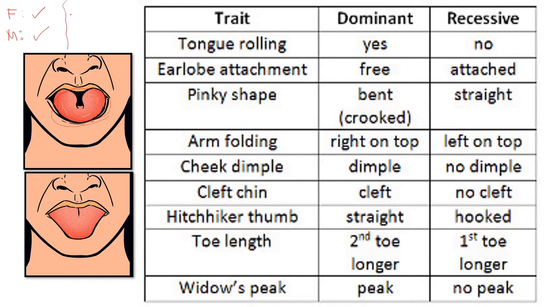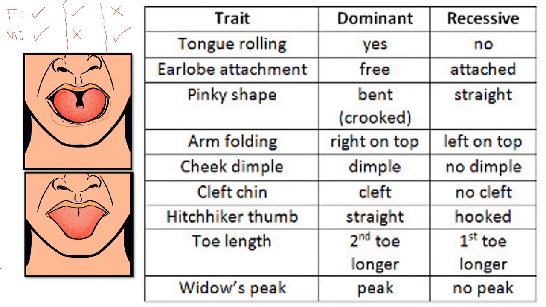Or it can be that you get the trait from your father that can roll his tongue, however the mother shared a trait that she cannot roll her tongue. Still, your father has this dominant trait, so there's a chance that you can also roll your tongue. Or it can be that you get a trait from your father that cannot roll his tongue, but you get the characteristic from your mother that she can roll her tongue. So there's also a chance that you can roll your tongue.